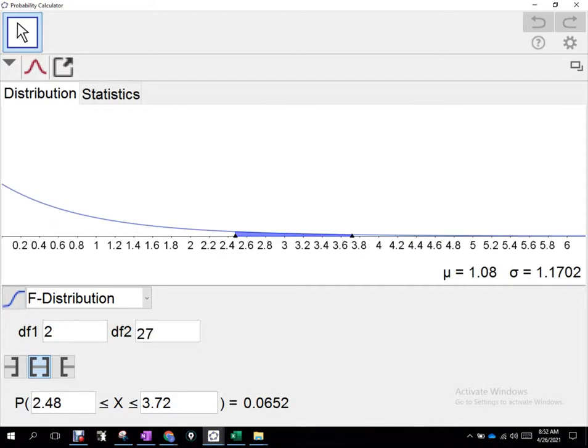So that is going to be our F distribution. Before I changed those degrees of freedom, you kind of saw that peak on the curve. Here we don't have that. But we always will have a right-skewed distribution. It's always to the right of 0.